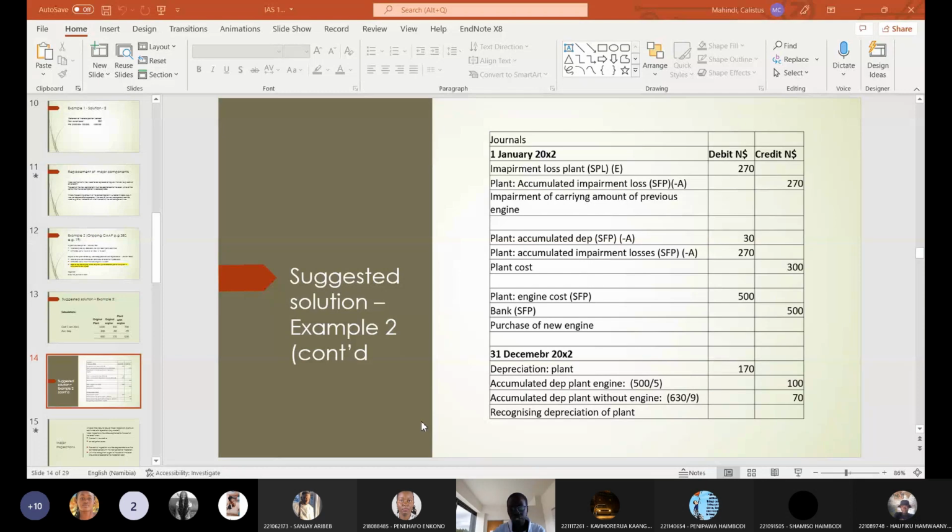So I asked you to prepare the journals, and we went through the journals. We accounted for the impairment loss and the acquisition of the plant, and the last journal that we had to account for the financial year was the depreciation journals. So the depreciation journal, you can add the depreciation together, the $100 and the $70.